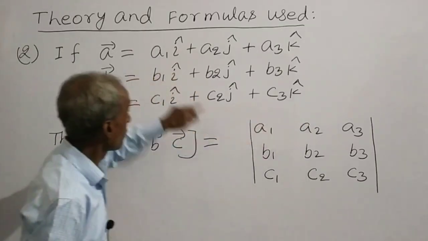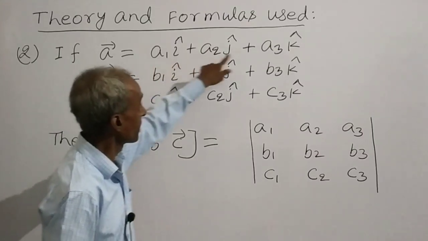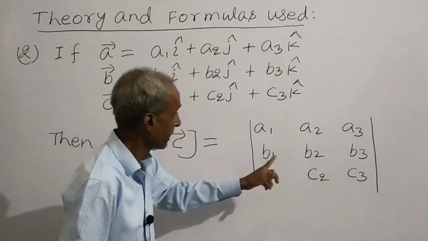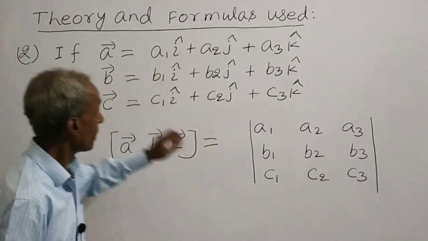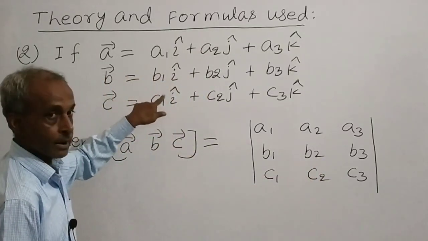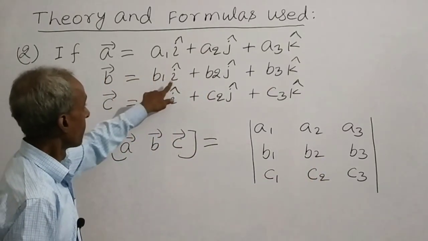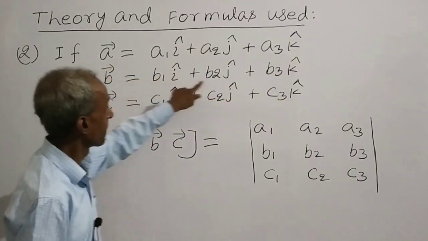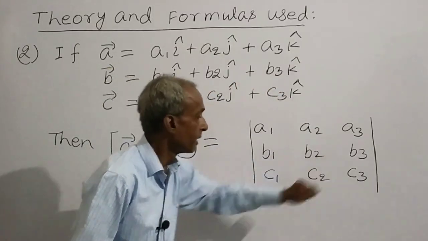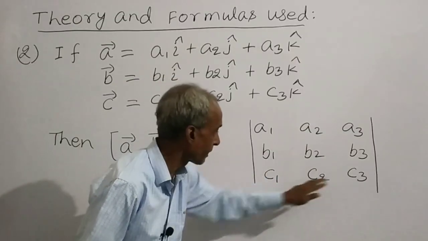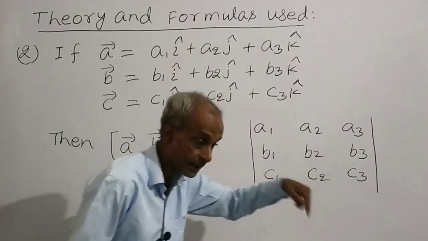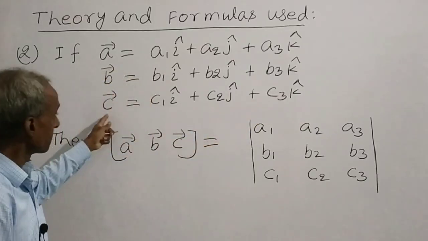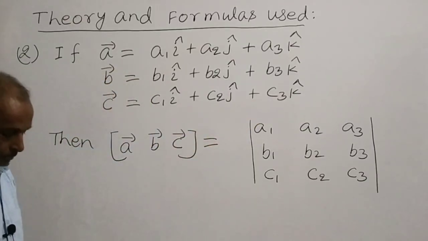In the first row is A1, A2, A3, that means the coefficients of i, j, k. In the second row there are the coefficients of i, j, k in vector B: B1, B2, B3. And similarly in the third row C1, C2, C3 are the coefficients of i, j, k in vector C.